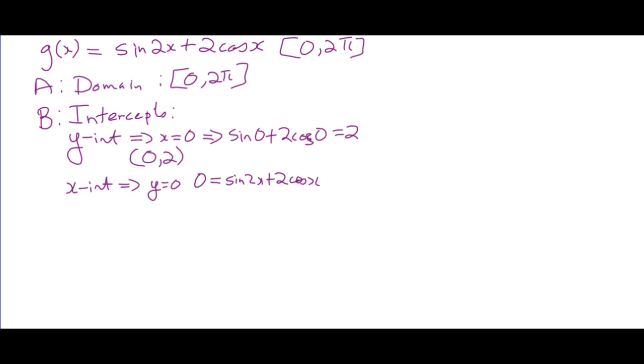So at this point you ask yourself, can I do that? And you say, if I change sine 2x to 2 sine x cos x and factor out, then yeah, we can work out the zeros. So this is 2 sine x cos x plus 2 cos x. We can take out a 2 cos x and give us sine x plus 1.